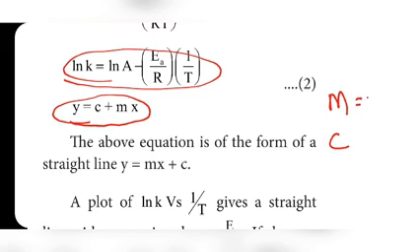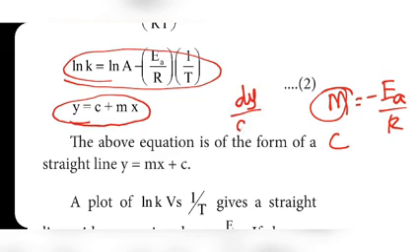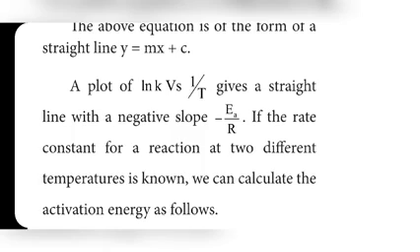M value is minus Ea by R. M is a slope, and that slope we can calculate by using the formula dy by dx. C is a constant, that constant is equal to ln A. The c also we can determine by using the graph only.